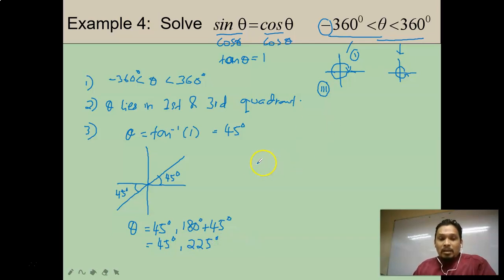Okay, for negative 360 degree, from here and also here. So what about the next case here?